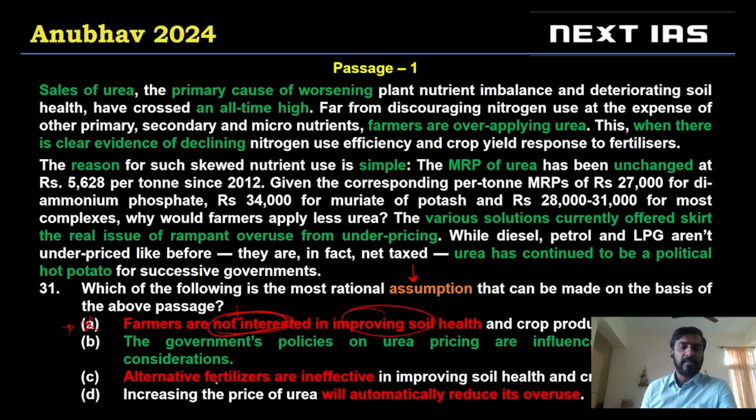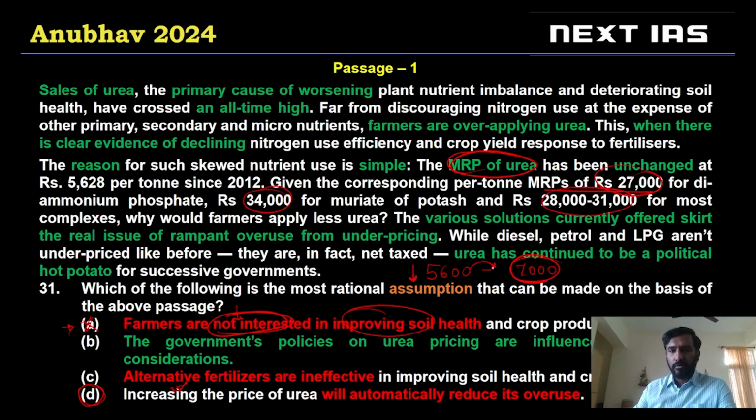Okay. Option D, increasing the price of urea will automatically reduce its overuse. The reason why I'm going to option D is many students, again, I suspect, have gone with option D. If I reduce the price of urea, let's say MRP of urea is reduced. Sorry, MRP of urea is increased, not reduced, increased. So let's say from 5,600 we made the price 7,000. With this increase, nothing will automatically change, because if you see the comparison of costs, the MRPs of everything else are very high compared to urea.